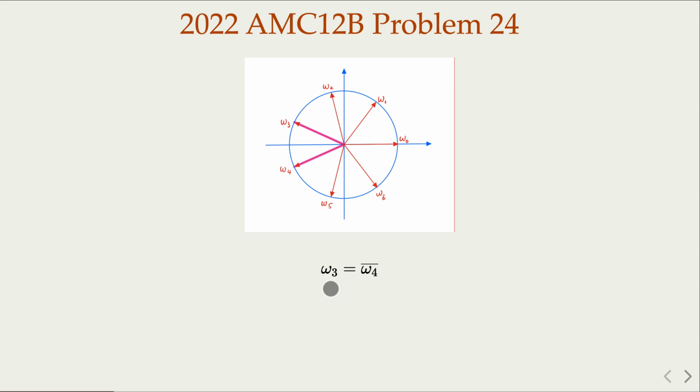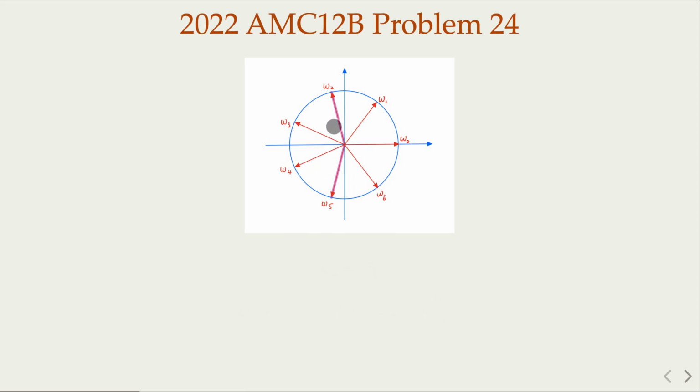So here, when you add omega 3 and omega 4, it's going to be a real number, and it's going to be double the real part of the individual component. That is, this is the real component here, for omega 3 it is cosine of 6 pi over 7. So that's a real number. That's the summation of these highlighted complex numbers.